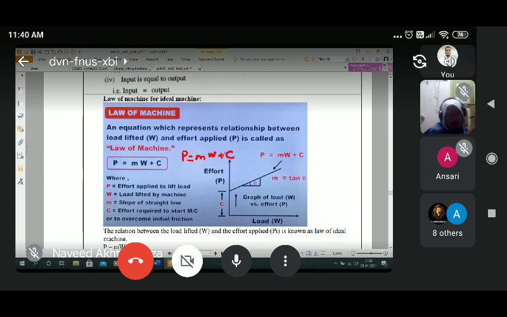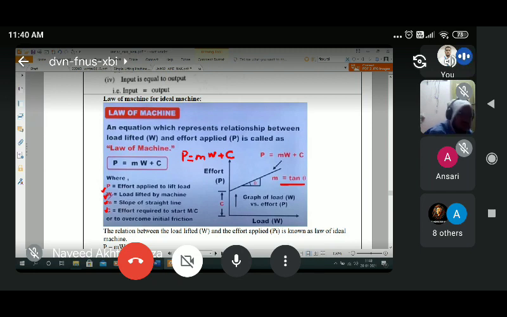Why plus C? Because to start any machine we need a certain effort, and at the start that effort is C. P is the effort applied to lift the load, W is the load lifted by the machine, and m is the slope of your straight line, whose value you can find as tan theta. So m here is the slope, W is the load, P is the effort, and C is the effort required at the start to run the machine, and it is called the law of machine.